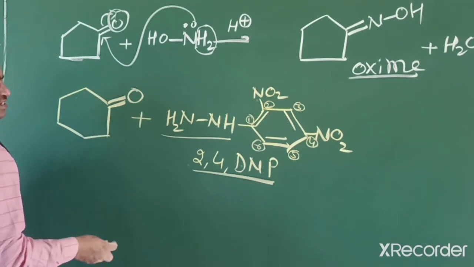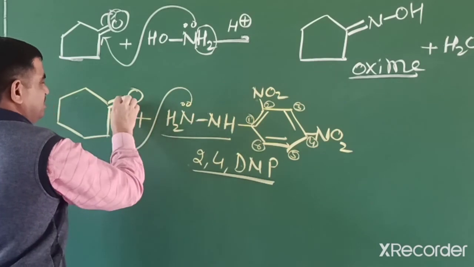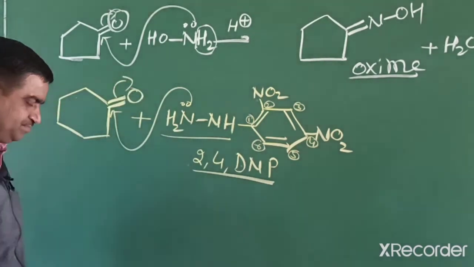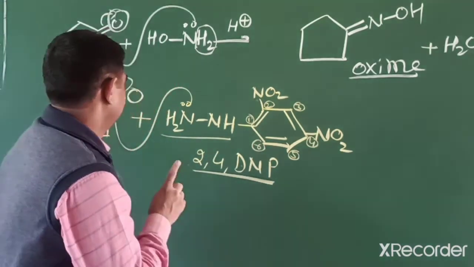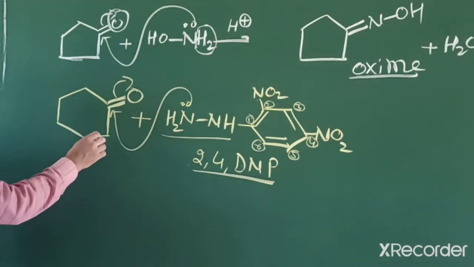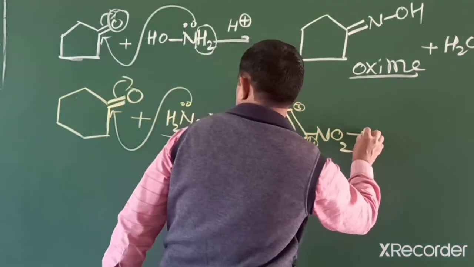2,4-Dinitrophenylhydrazine is a special reagent. It reacts in a similar way, removing a water molecule, and the product is an orange, red or yellow precipitate or color. This is a characteristic reaction. We can identify the carbonyl group by this reaction; only this reaction shows the carbonyl group.